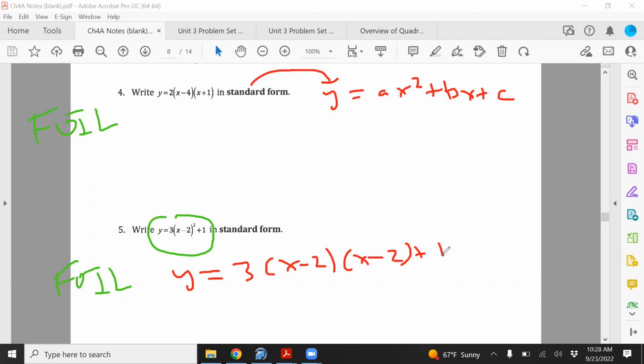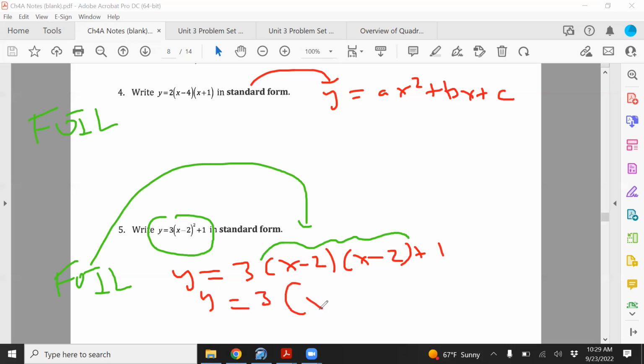Now you have a couple of options. You can distribute the 3 into one of the parentheses, or you can FOIL first. It's up to you. I'll FOIL first just because I want to. So I'm going to take care of this part first, right? If I do that, I get y equals 3, parentheses, x squared minus 4x plus 4.